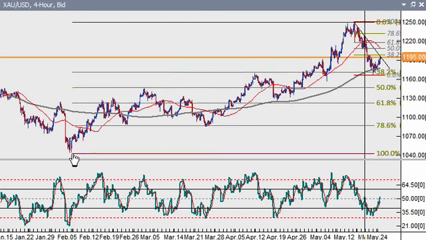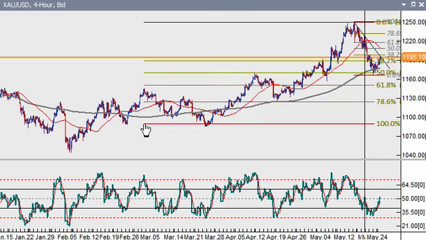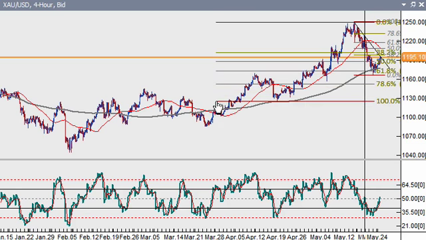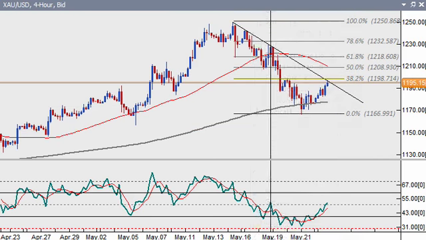If we measure from this entire swing, it's 38.2%. So right now there's some support for gold, and this rally now tests this declining trend line, and even if it breaks, we can expect some resistance as it nears our 50% and this 50 moving average. And then from there, we may see some kind of trap action or further consolidation.